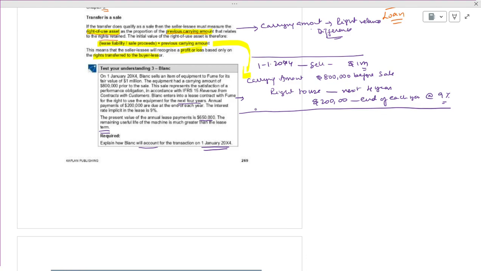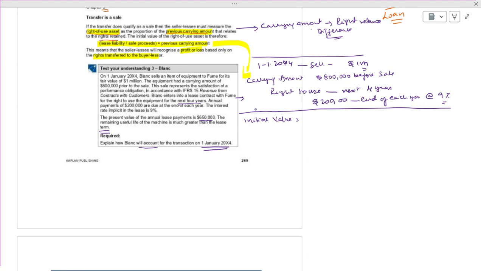What is the formula? Lease liability divided by sale proceeds. The initial value is 1 million?